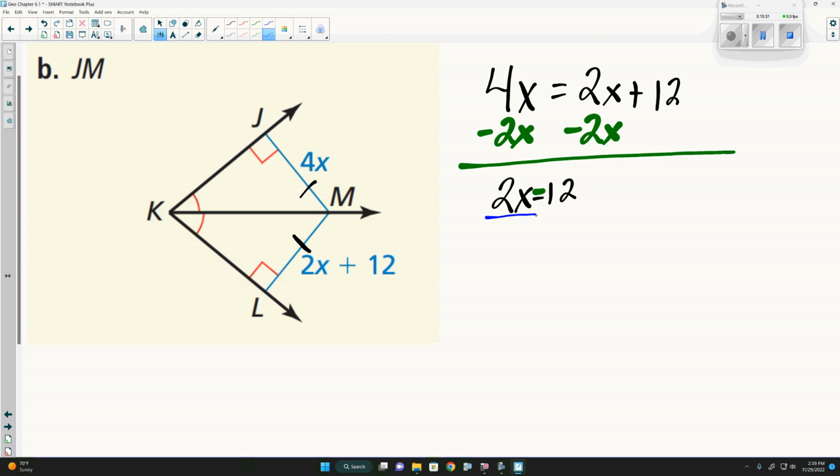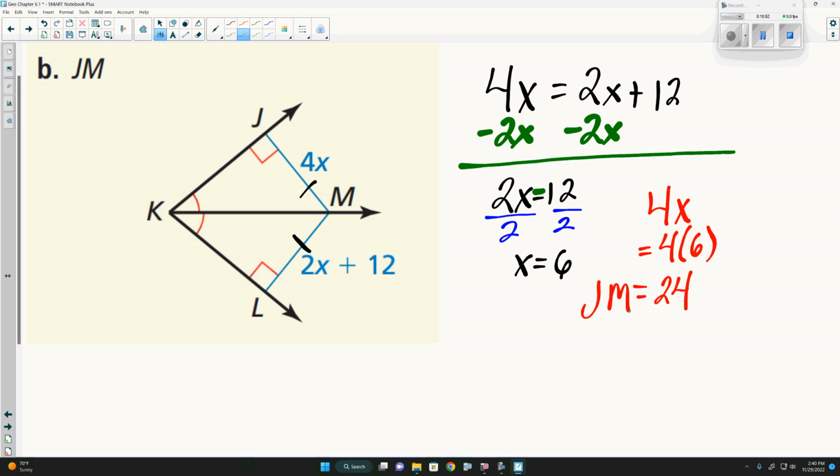And then we can divide by 2, so x is 6. Which one do we want to plug it back into? 4x. So we'd have 4x, which would be 4 times 6, which is the length of JM. Questions on this here?